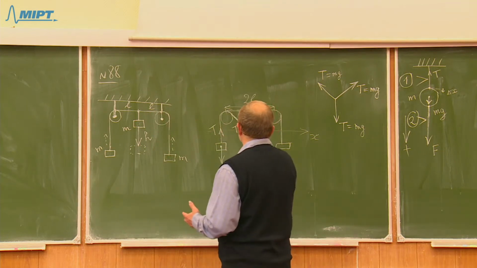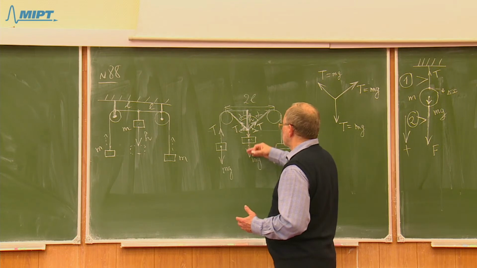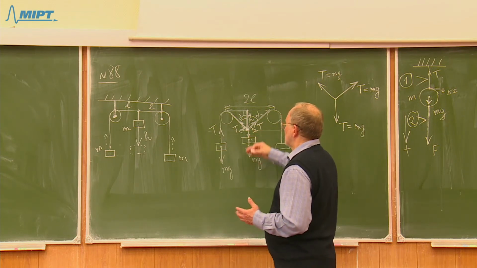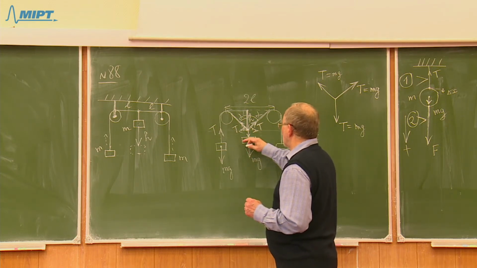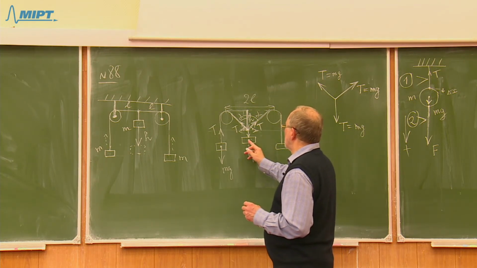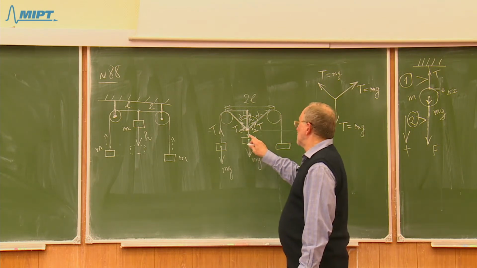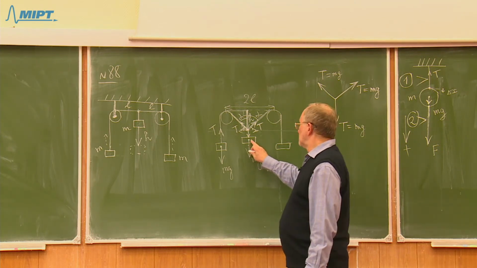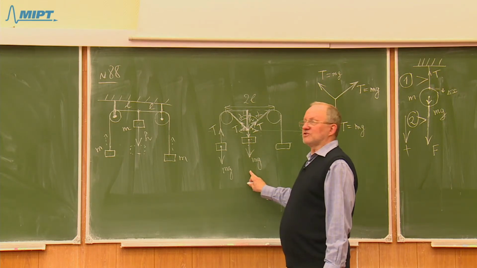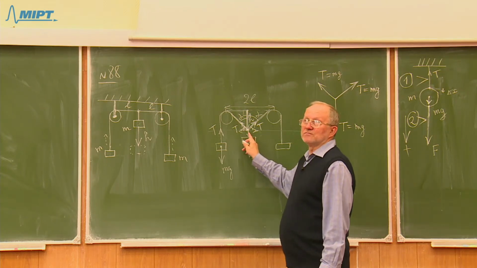So here, for example, it's given that after oscillations have dampened, the body will be at rest and it will not move, so its acceleration is 0, and therefore all the forces acting on this body must balance each other. What are the forces? The first force is the gravity pull, and the second force is the force of tension in this string.